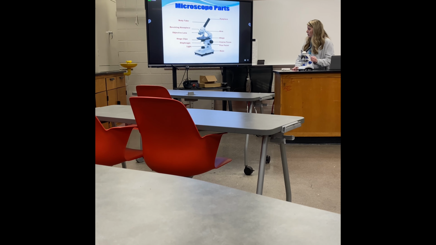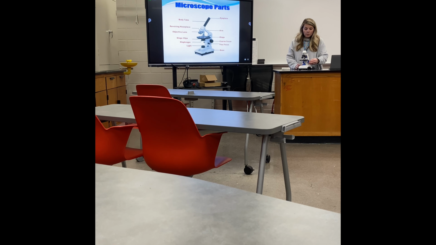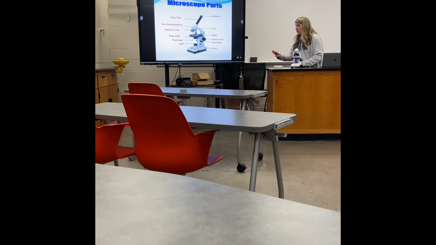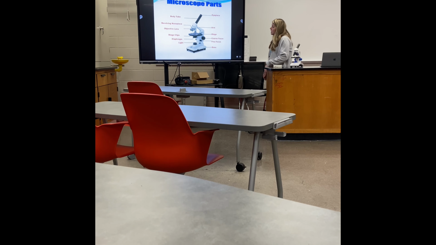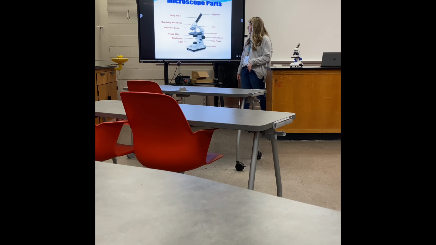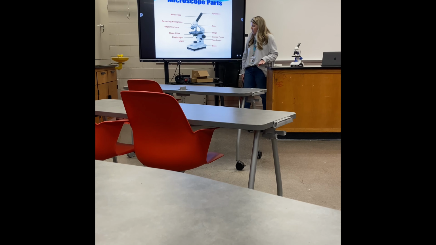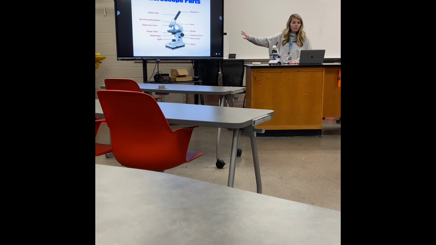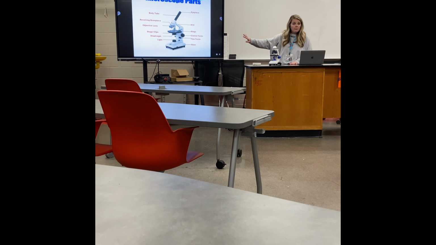So that's really important. This is going to be our coarse objective knob. This is also going to be our fine objective knob. This microscope is a little bit different than the one that we have pictured here. So I think that covers it. Like I said, this is our light source. Does anybody have questions before we move on about any parts of the microscope?